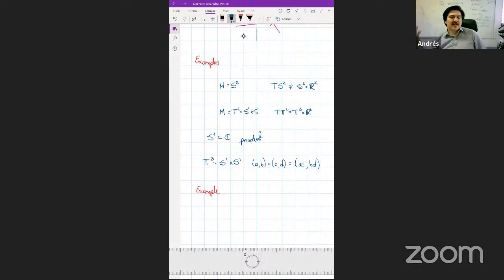So if I want to consider tangent bundles of dimension 2, that means the manifold must have dimension 1. There are only 2 manifolds of dimension 1, the circle and the real line. Both of them have trivial tangent bundle because both of them are groups.